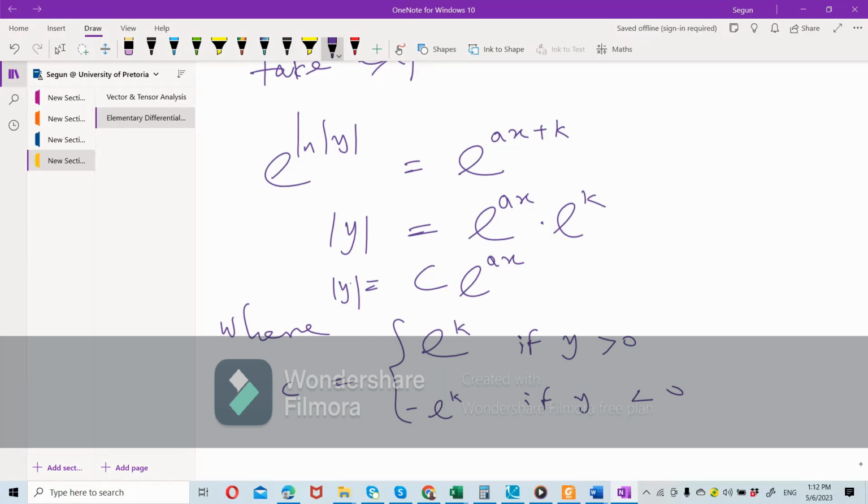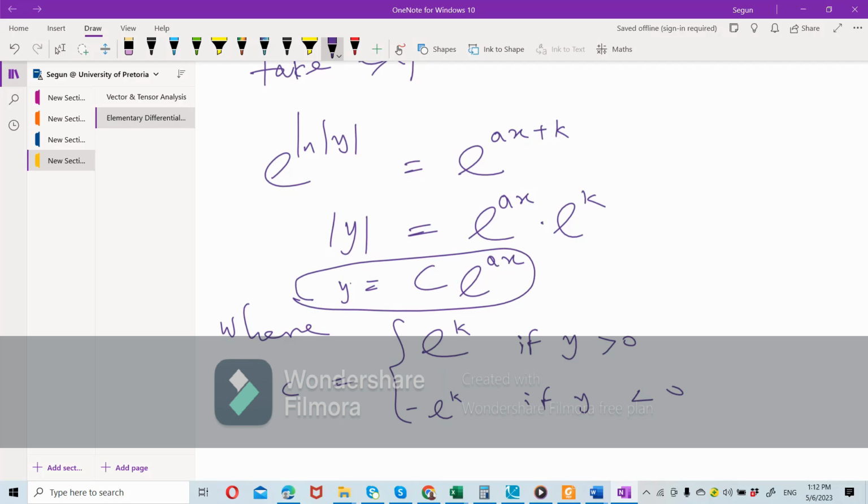So I'm just giving you the idea of what can happen to y if I use this. But I'm giving you the condition that c will be in this form if y greater than 0.